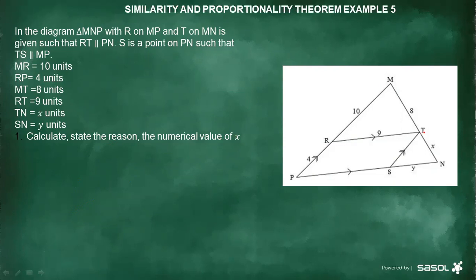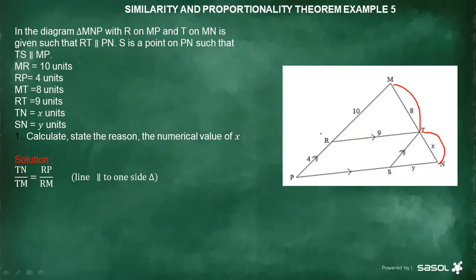We need the value of X, meaning we need the actual distance for TN. Then we always start with what we need, divided by the actual distance. The actual distance on that side you can see is 8. Therefore, TN, which is X, over TM, which is 8, equals the other side.